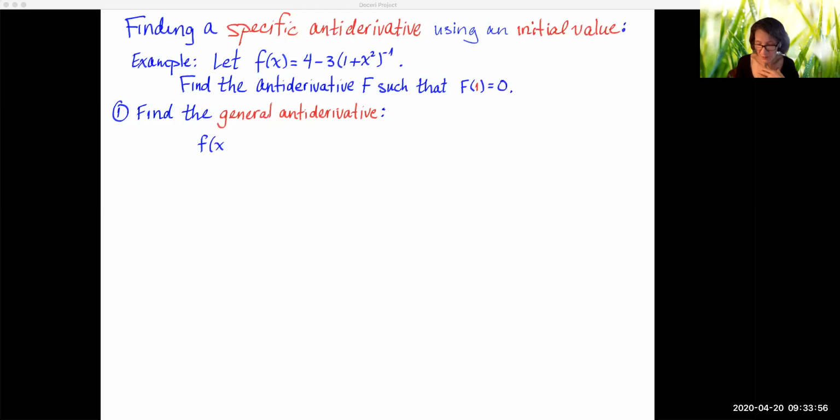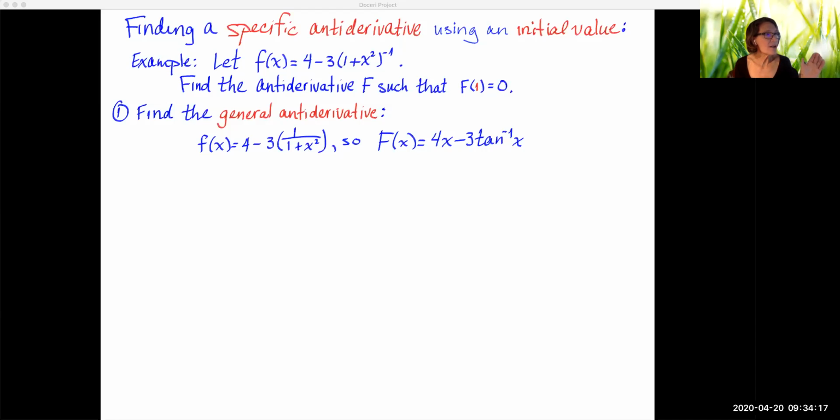So let's try capital F of x equals 4x minus 3 times the arctan.